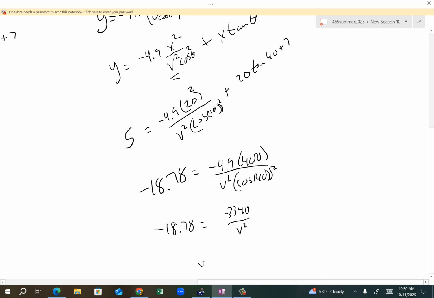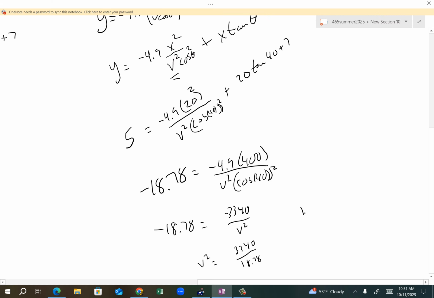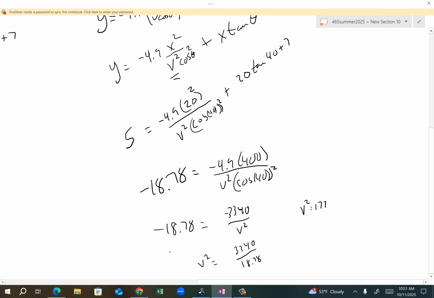If you play little musical chairs, you get v squared equals 3340 over 18.78, and you get 177. V squared equals 177. Square root that, and you get about 13 meters a second.